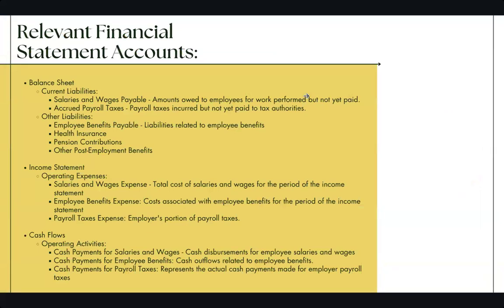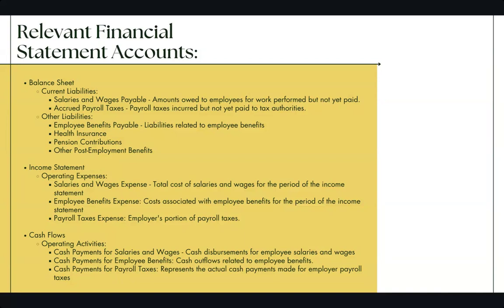So the first slide here is the financial statement impact. A full set of financial statements will include the balance sheet, income statement, cash flows, and the related footnotes. Obviously, there's an equity statement depending on what type of organization you are, like how your organization is governed and established, slash structured.